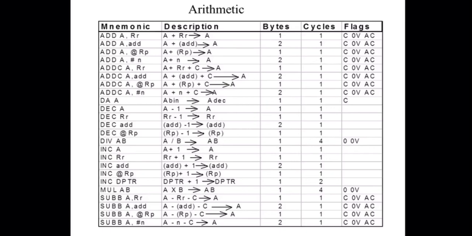And INC DPTR. There is a 16-bit register with us in the 8051. This INC DPTR is going to increment the DPTR value by 1. And even multiplication also.